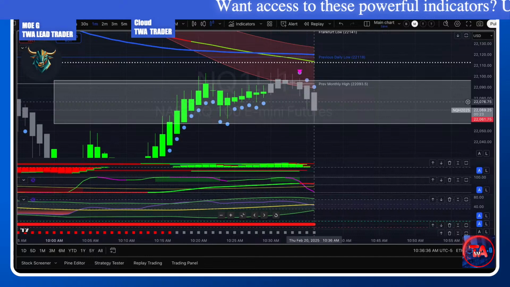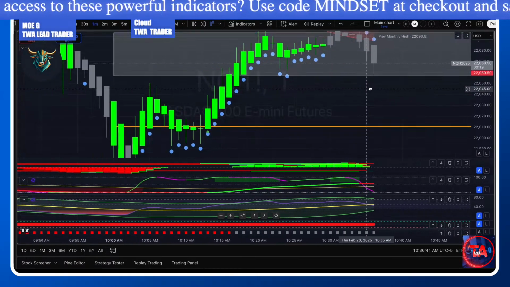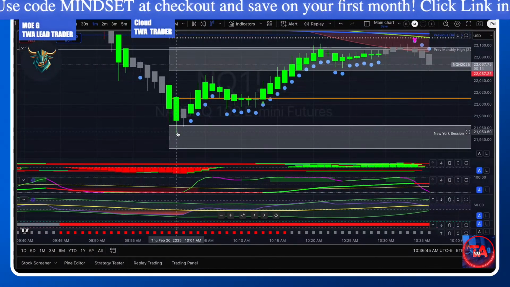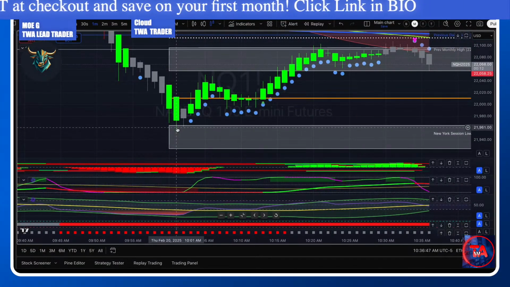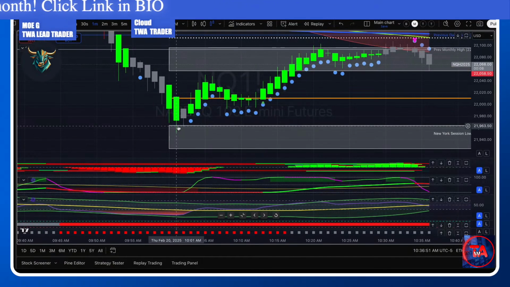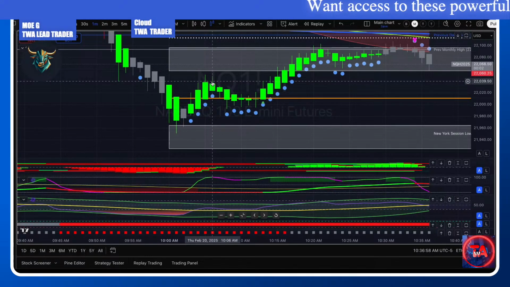See, here's the little push down. Literally, this is damn near my entry right here on the first of the longs I took. Got out. I took a trim here, trailed my stop up a little too tight, got stopped out.